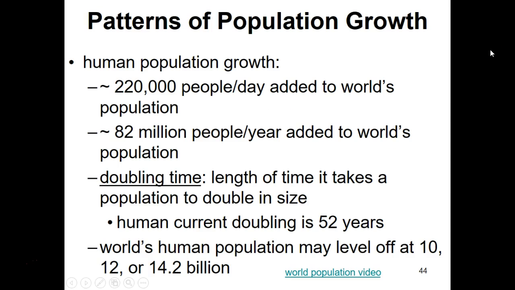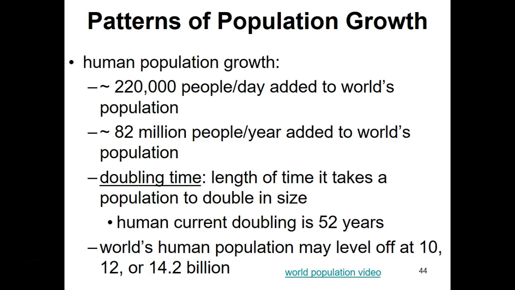The human population has really boomed in the last 120 years, I'll say. We're adding approximately 220,000 people daily to the population, and that many people are not dying every day. So we're actually increasing the population all the time.